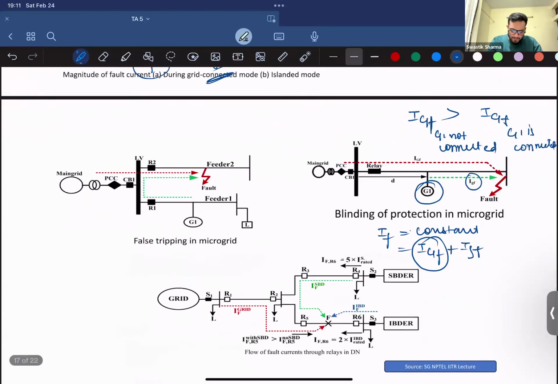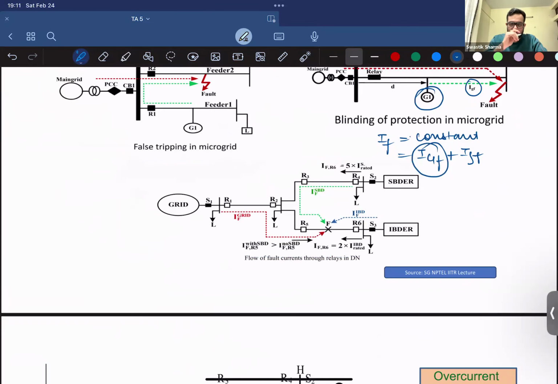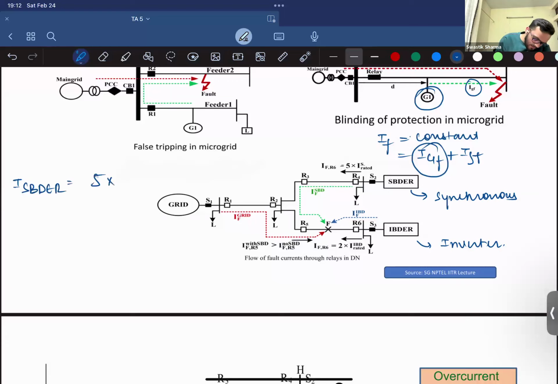So there was this four bus system which was discussed in the slides. SBDRs are synchronous based DRs, and IBDRs are inverter based DRs. So for all of these, I would request you to first check ma'am's lecture, but I will just skim through these. When a synchronous based DR supplies fault current, it supplies 5 times the rated current.